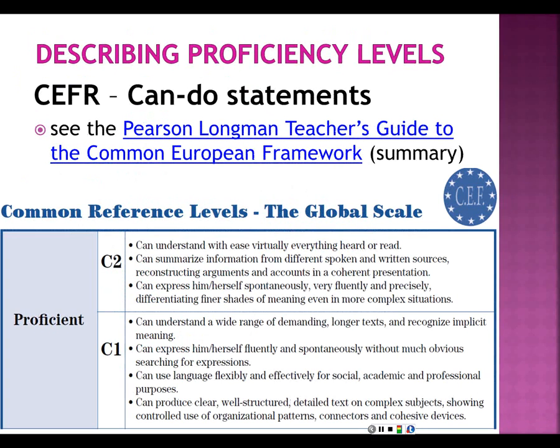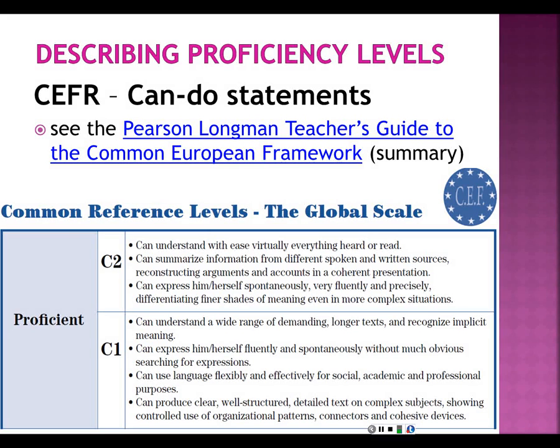This is copied from the link that you have at the top, the Pearson-Longman Teacher's Guide to the Common European Framework. It provides a summary to the very lengthy and detailed CEFR document. And you see here the descriptors, which are, again, can-do statements.